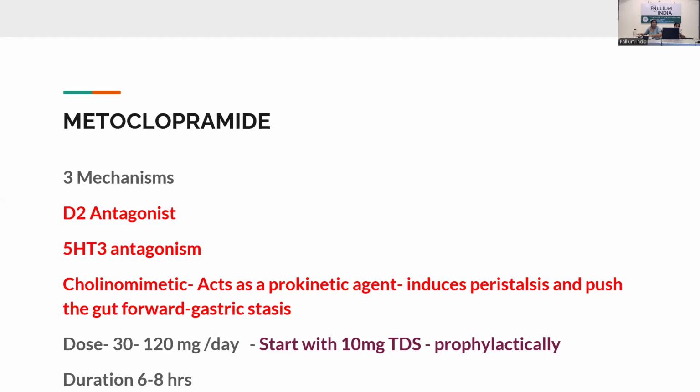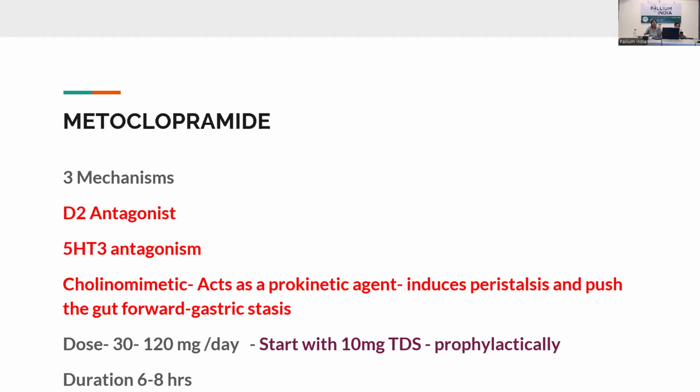Cholinomimetic property means it helps in increasing prokinetic movements. It induces peristalsis. And that is helpful, right? A patient having a feeling of fullness, nausea, vomiting, if you give a drug which helps the food to digest very fast, he'll feel very light, right? So these are the good things about metoclopramide. It acts by three methods. Metoclopramide is a D2 antagonist.